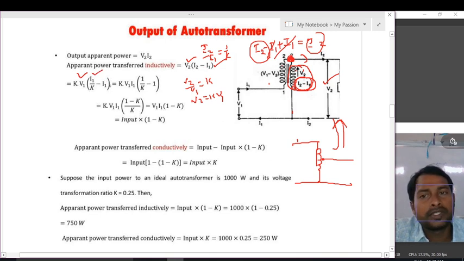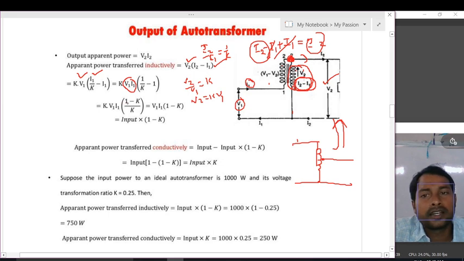I1 is common in the two terms, so I took it outside, giving K V1 I1. V1 I1 is nothing but the input apparent power, so this will be written like this.